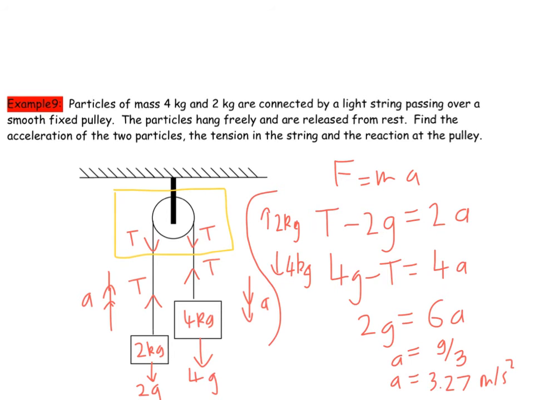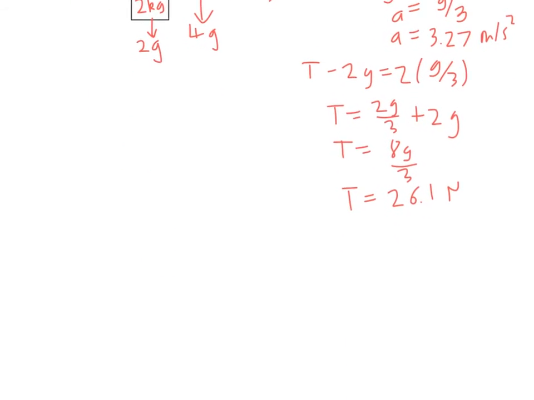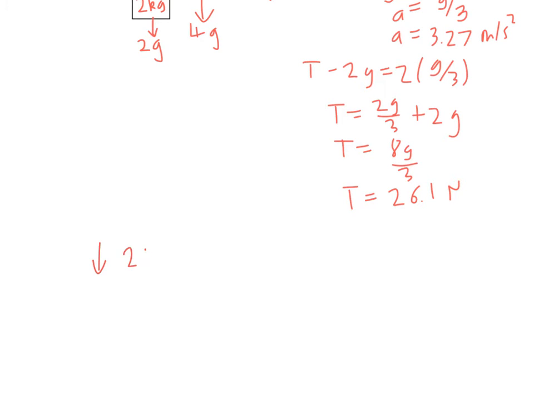But the overall net reaction on the pulley is the 2T going downwards. So you'd have downwards 2T, and that's 8g divided by 3, which gives you 16g over 3, or 52.3 newtons.